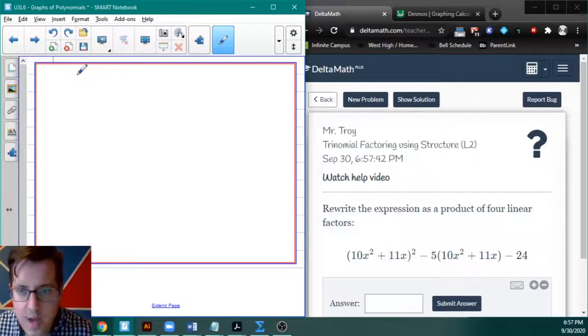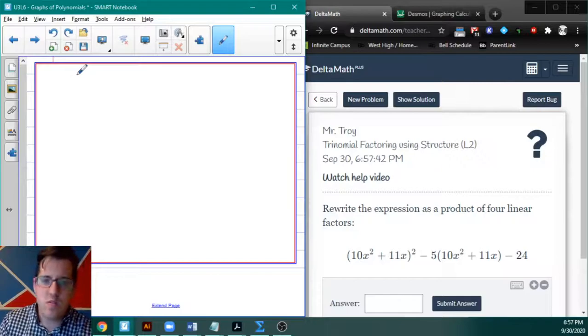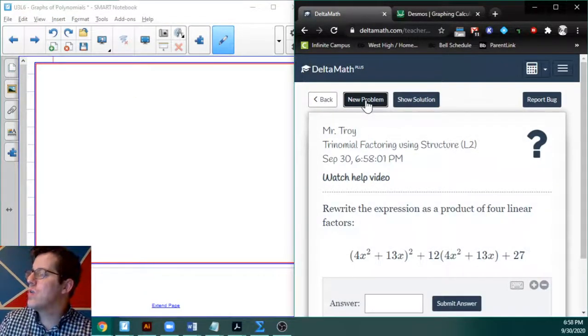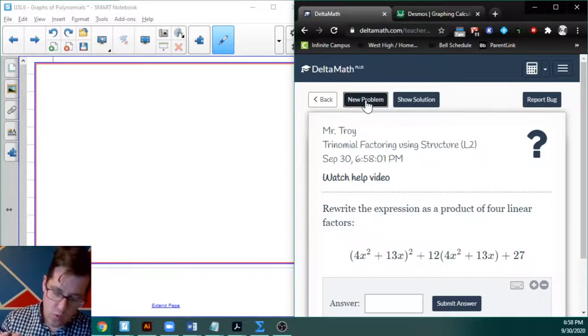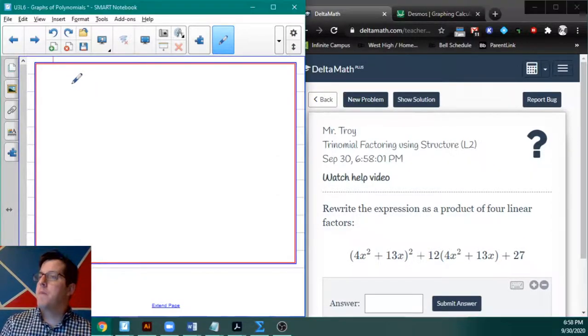Okay, last problem. I changed my topic. I couldn't resist. It's called trinomial factoring using structure. It sounds so fun. Okay, here we go. I know U substitutions are mostly new to U substitution, but I am going to substitute in U for 4x squared plus 13x.